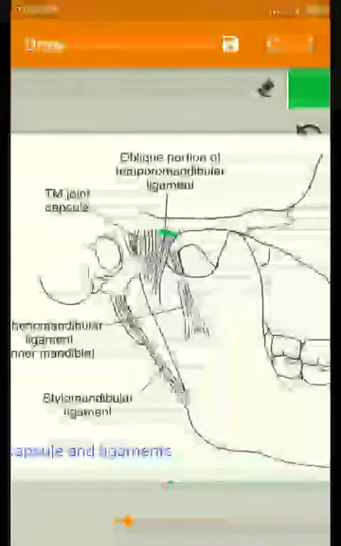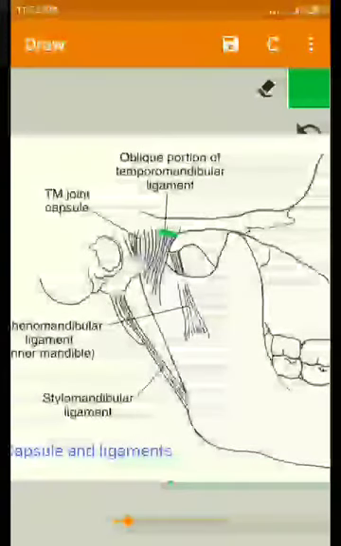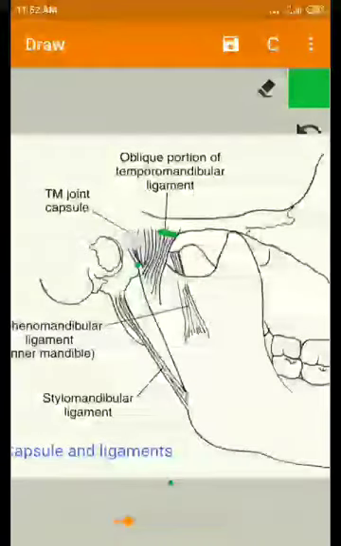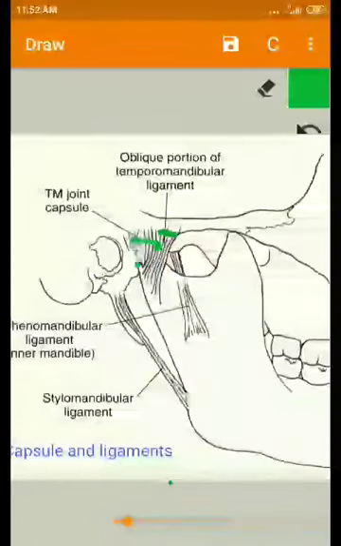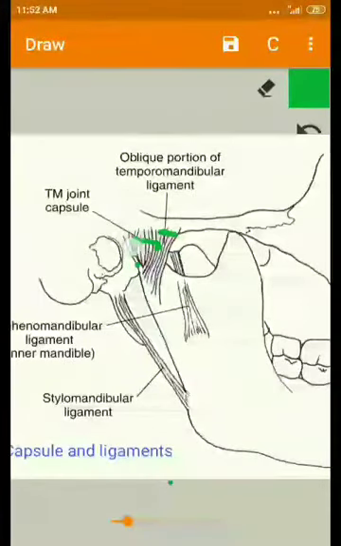The portion of the capsule superior to the disc is quite lax, whereas the portion of the capsule inferior to the disc is tight. So the disc is more firmly attached to the condyle below and free in the superior aspect, free to move on the articular eminence above.